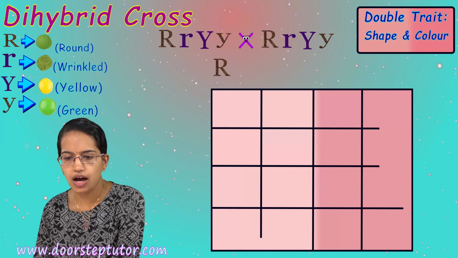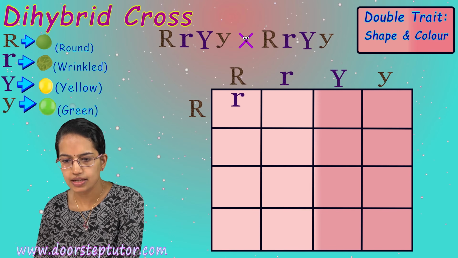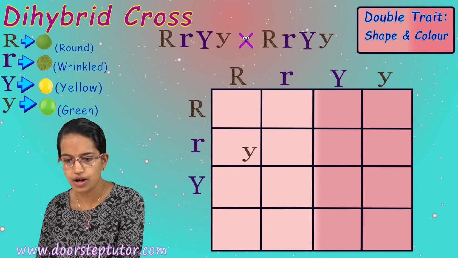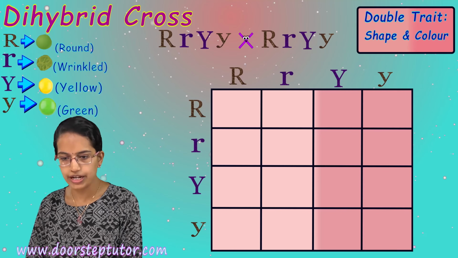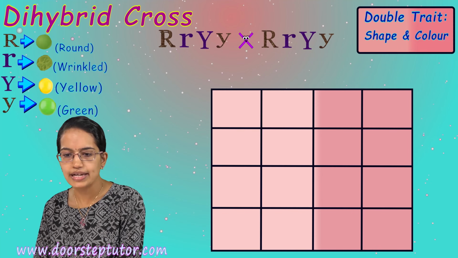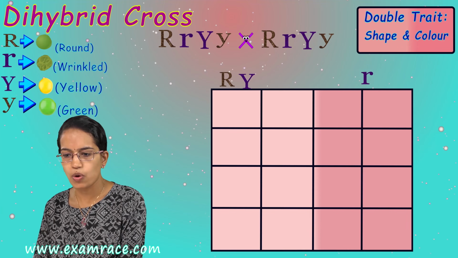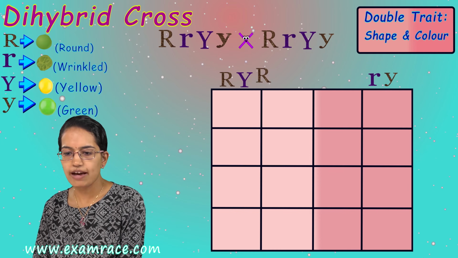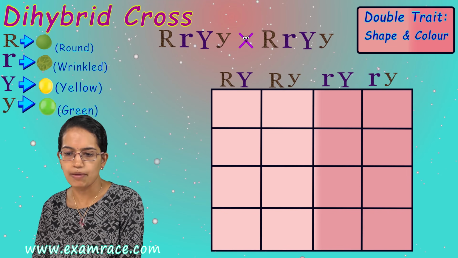I would have the four elements, but I would combine these elements. So let's say capital RY, and small r, small y. So I would have capital R, small y, and small r, capital Y.